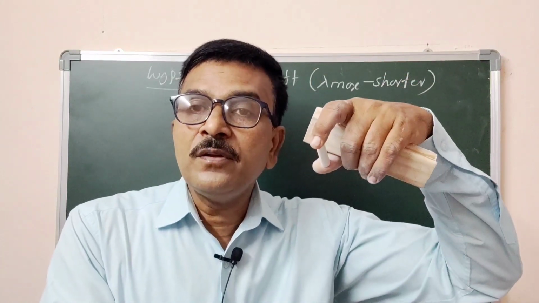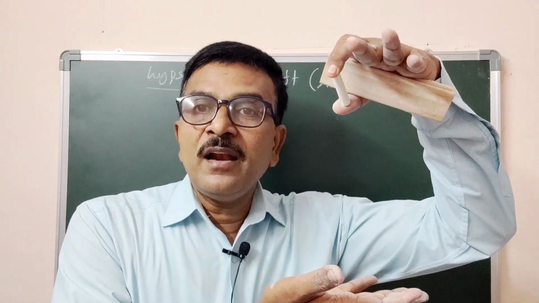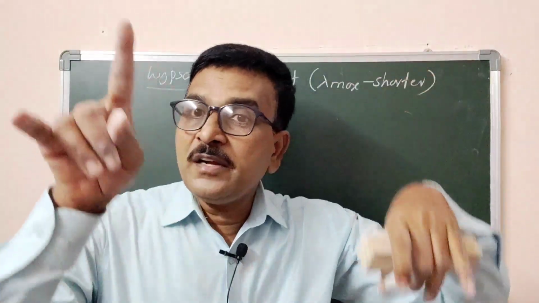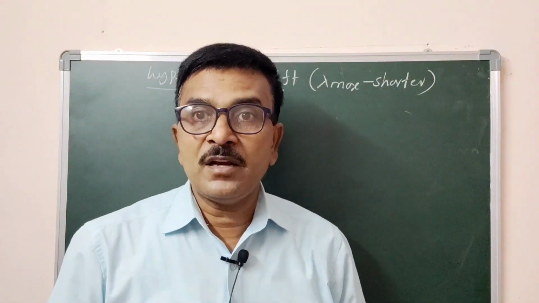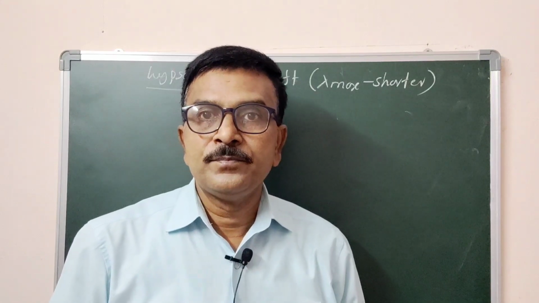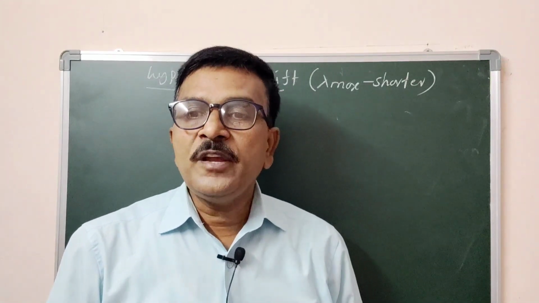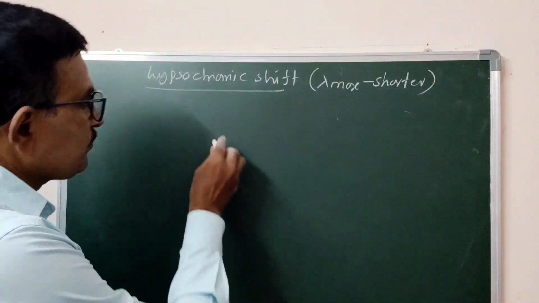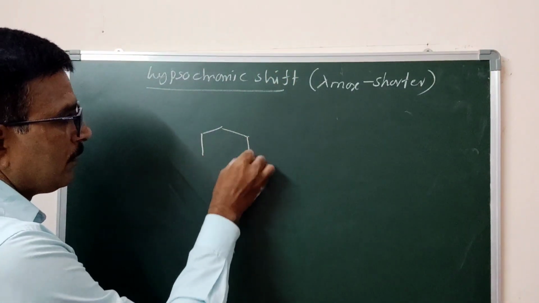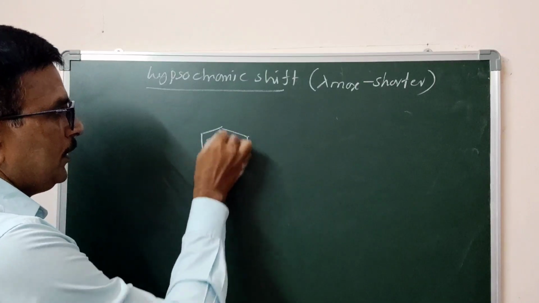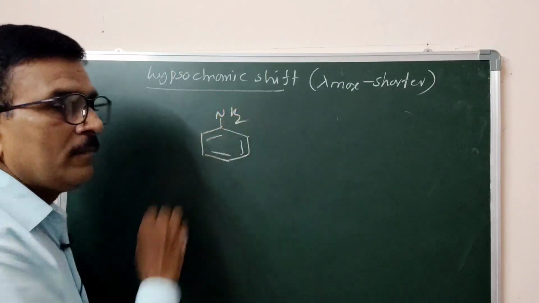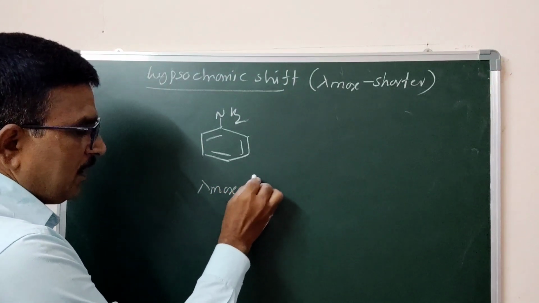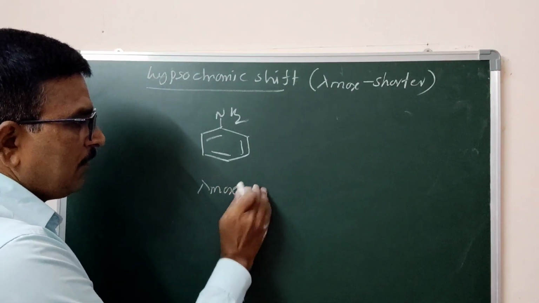In those cases, the energy required for electronic transition is more and hence it absorbs at shorter wavelength, called a hypsochromic shift. For example, you take aniline, where lambda max is at longer wavelength.